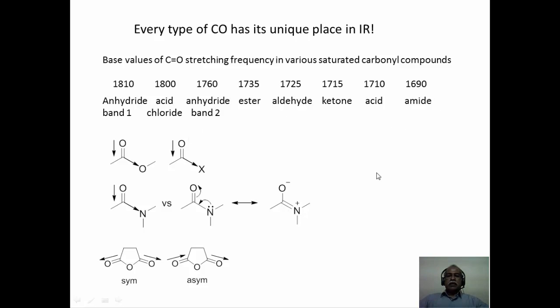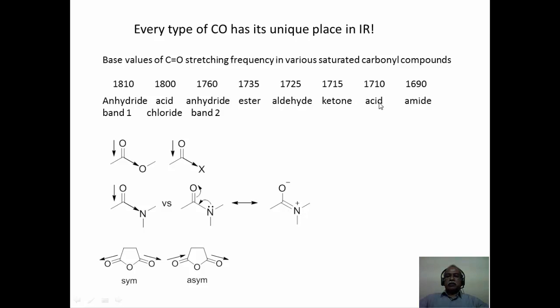This is something you will consistently see in the infrared spectroscopy of carbonyl compounds. The anhydrides come at the highest stretching frequency values, and the amides come at the lowest in the infrared spectrum. Aldehydes, ketones, esters and so on come in between. The acid is a very special case because it depends on whether the acid exists as a monomer or a hydrogen bonded dimer.